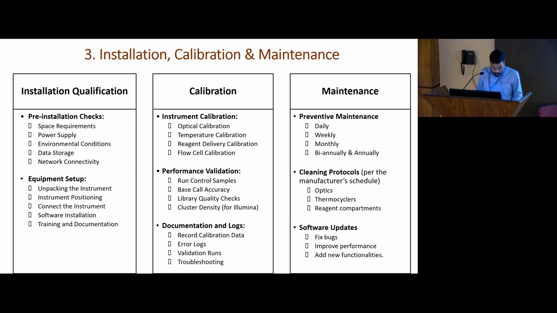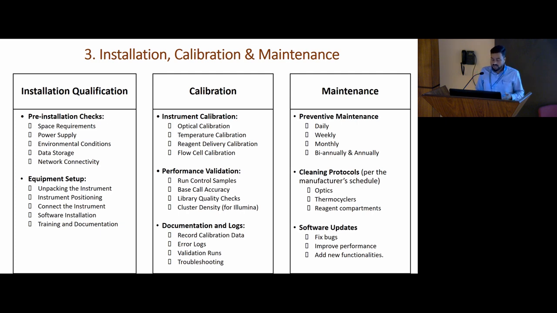For instruments with optics, instrument calibration is also required. So optical calibration, temperature calibration, reagent delivery calibration, and flow cell calibration have to be done immediately after the installation of the instrument. Also, we have to do performance validation with run control samples, base calling accuracy, library quality checks, and cluster density.